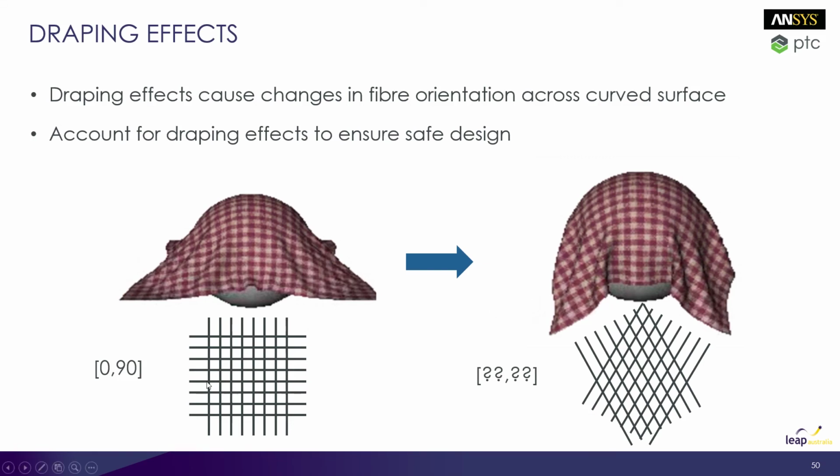So if we originally have a 0/90, maybe a woven fabric, and we're placing it over this curved structure, when we actually force it down over that structure, we're going to have areas where the alignment of those fibers is going to change significantly. And we need to understand what that change of fiber orientation is so that we can account for that in the expected strength of the component in that area.